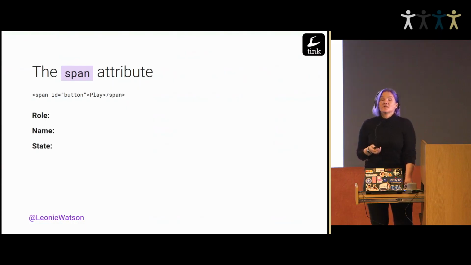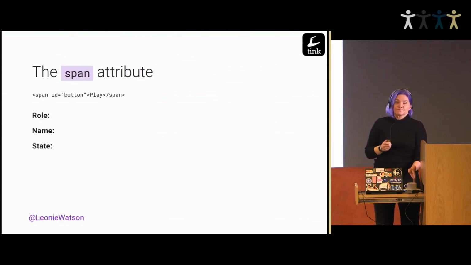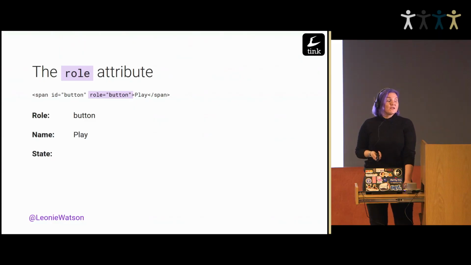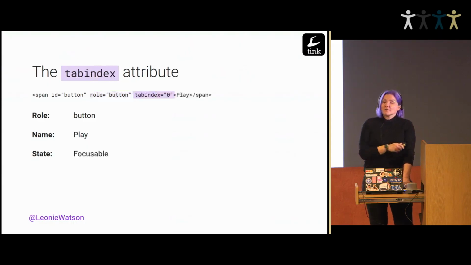It can just sit there and sort of look good, I guess. So we can use the role attribute with a value of button on the span, and in the accessibility tree that the browser creates when it sees this HTML, screen readers, when they ask, will now find out that this thing is a button. It still won't behave like a button. We can style it to look like a button, but at the moment it's still just a span pretending in the accessibility tree to be a button.